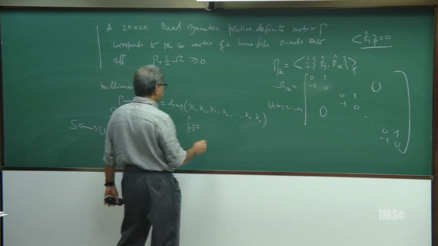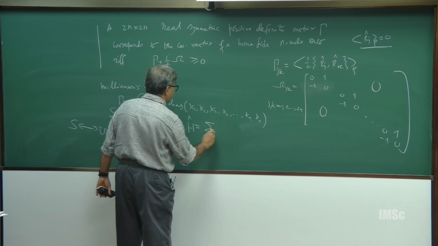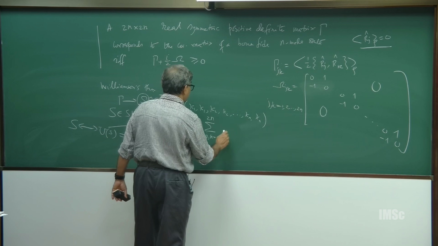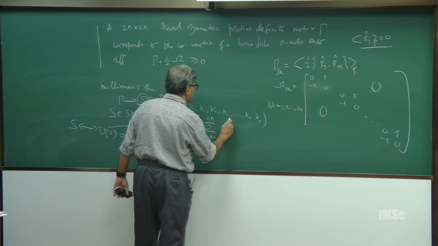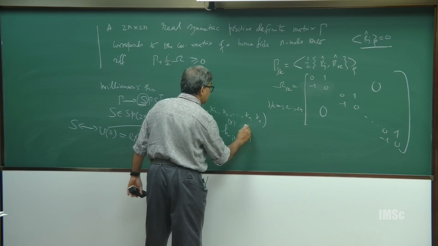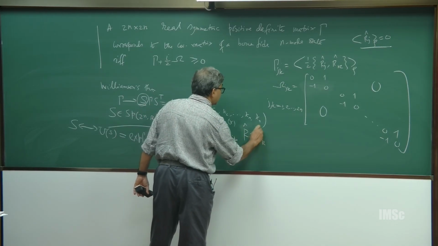So, basically this is the sum over j and k equal to 1 to twice n, let us say I call it H r, because this is real element, H j k, then r j and r k hat.